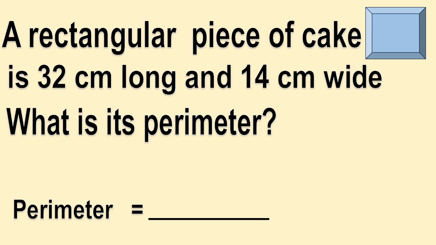Another problem. A rectangular piece of cake is 32 centimeters long and 14 centimeters wide. What is its perimeter? Time's up. The answer is 92 centimeters.